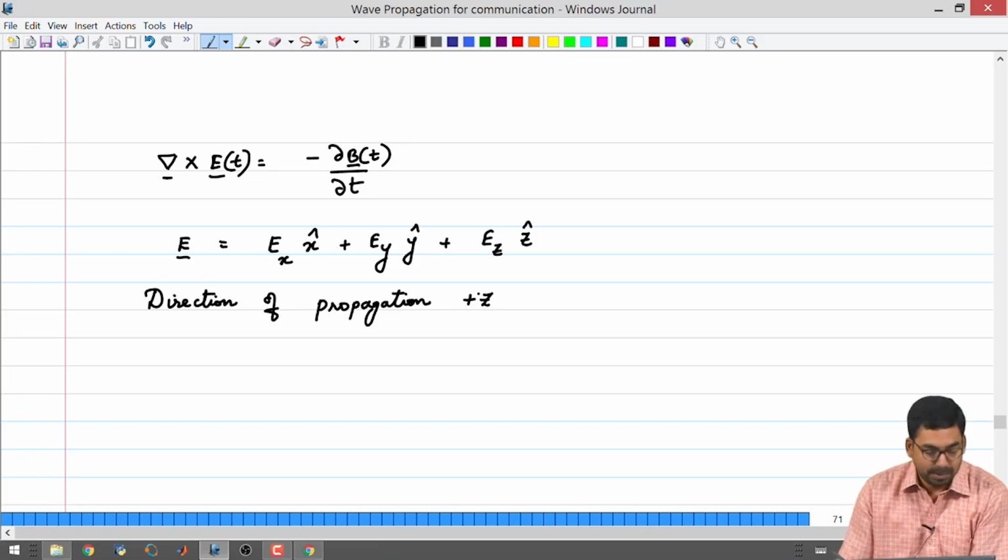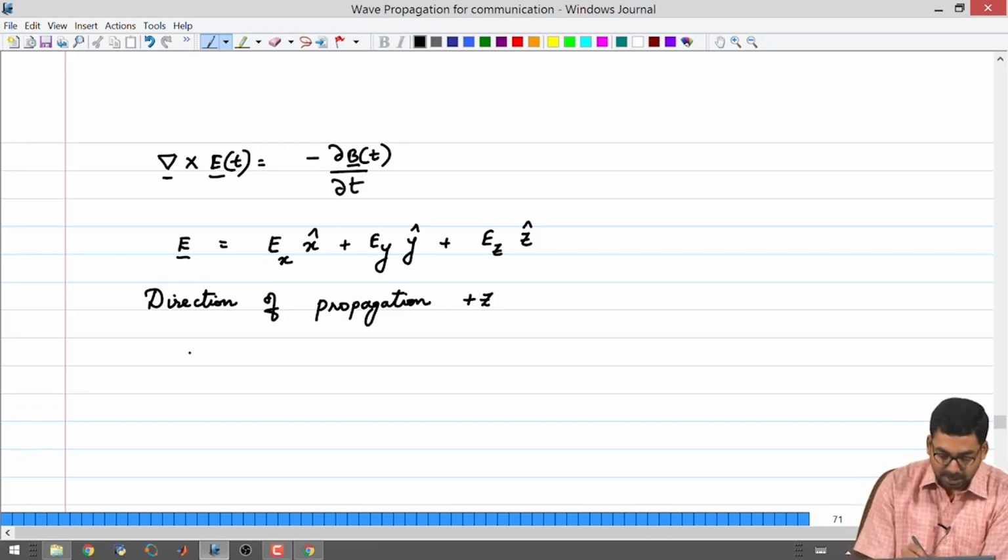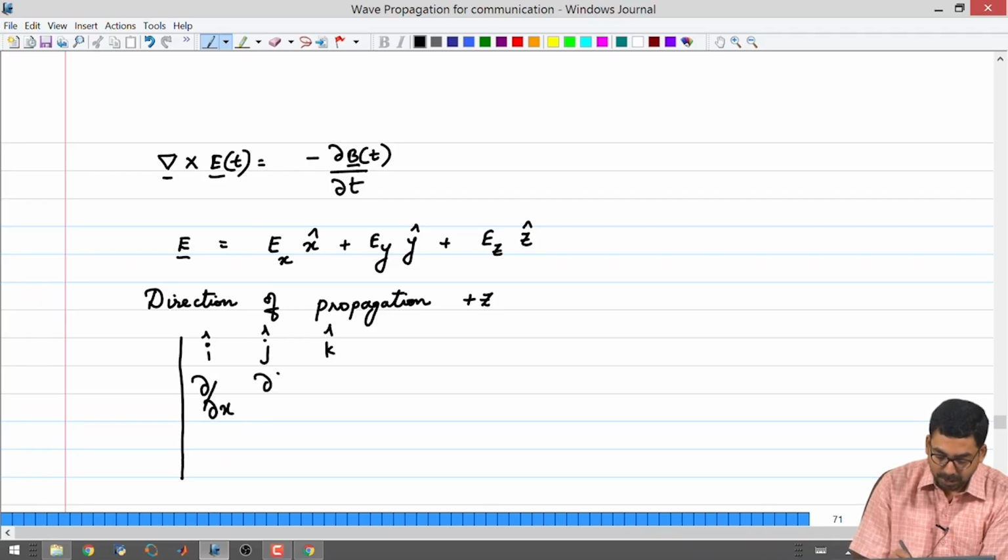If this is the case, the left hand side is del cross E. So, we can write down the cross product between del and E. I can write this down as a determinant with i, j, k in the first row, and dou by dou x in the second row.